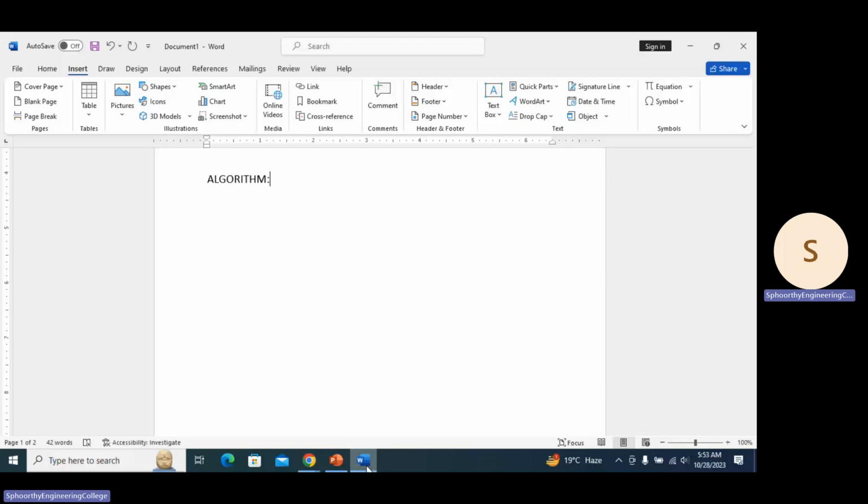For example, I want to encash a bank check. Maybe one of my friends gave me a bank check and I need to convert that into money. So what should I do? Step one, I should take that check, go to the bank, then give the check to the teller in the bank.